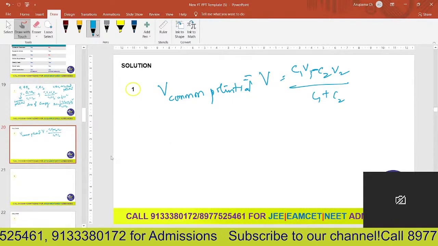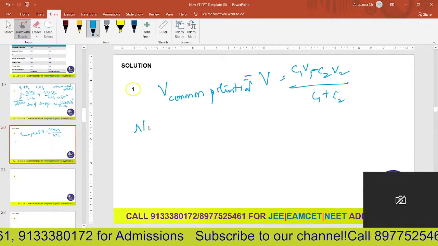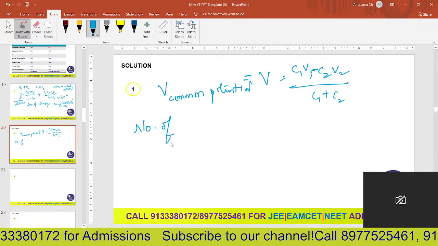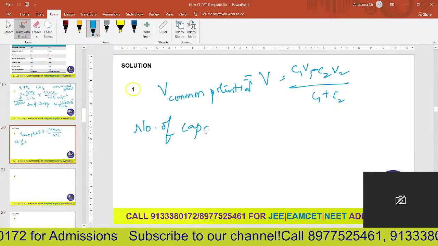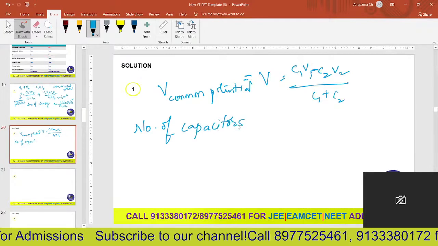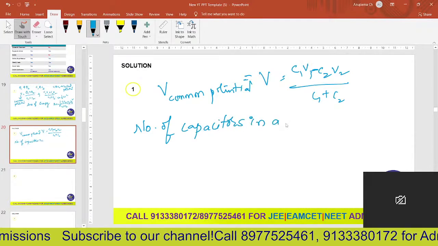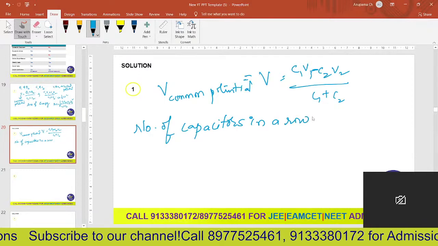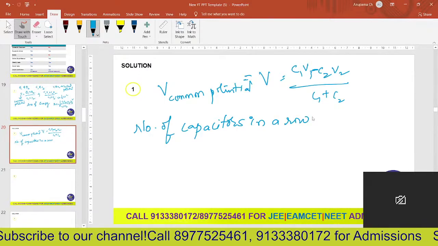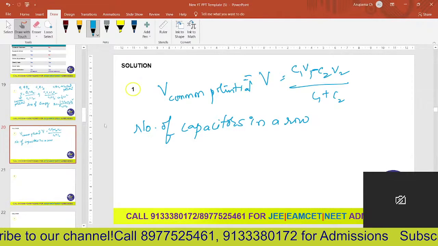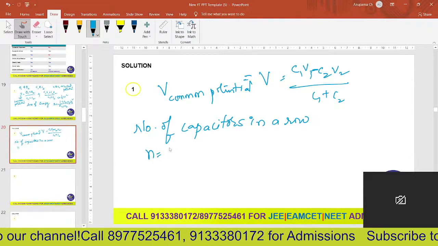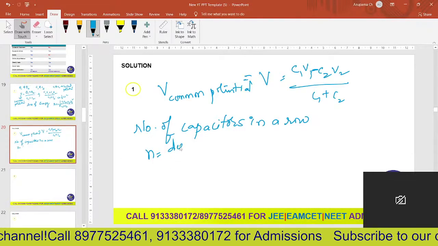If you take the number of capacitors in a row, then N is equal to desired potential by given potential.